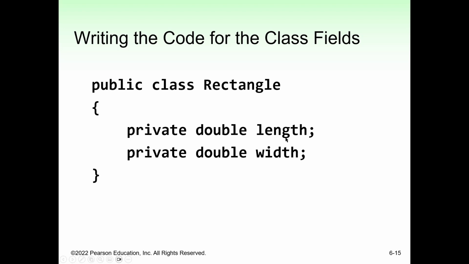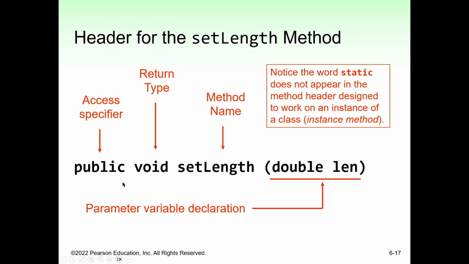If our program provides a way for other parts of the program to access these variables, then they're not protected. You know what I mean? They're not protected, so it's just bad programming practice. So you just have to remember that all of your fields need to be private and all of your methods should be public.